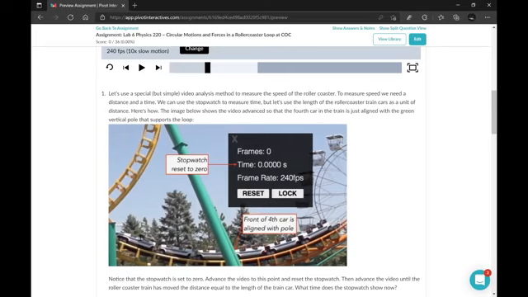When it reaches this position over here, we can start. We can align the front of this car with that green pole.